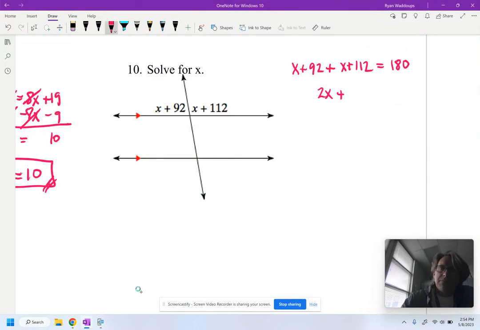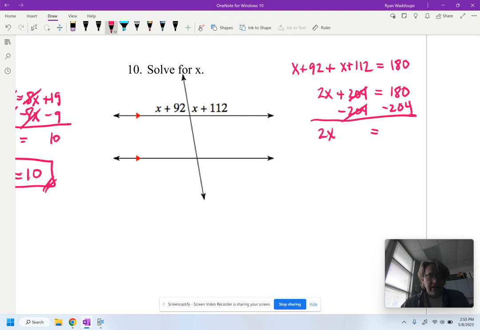So 2x plus 204 equals 180. And then I want to get rid of the part that doesn't have the variable with it first. So I'm going to subtract 204 and subtract 204. 2x equals 180 minus 204.